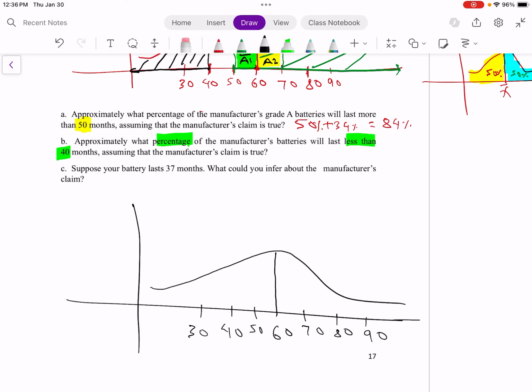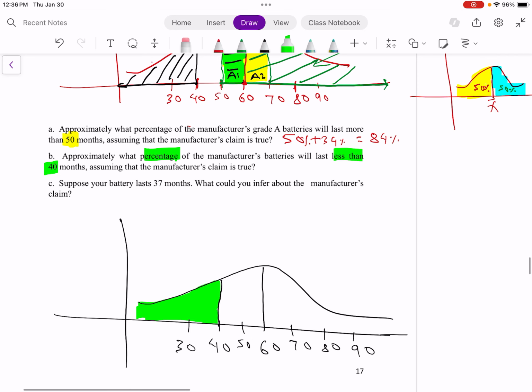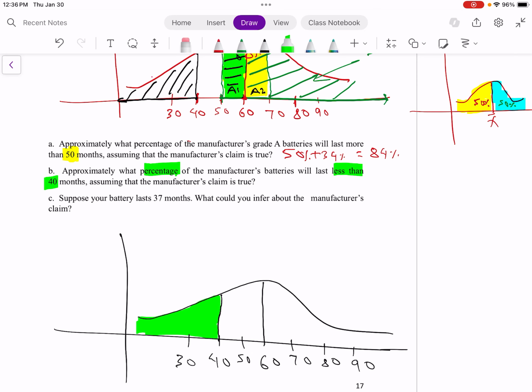We want to know the measurements on the left of 40, so our target is finding the percentage of this region. How are we going to find it? We will be using the empirical rule. We all know what percentage of measurement we find on the right of 60: 50, right? So this is already 50.